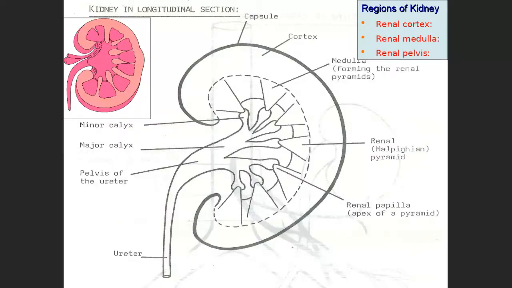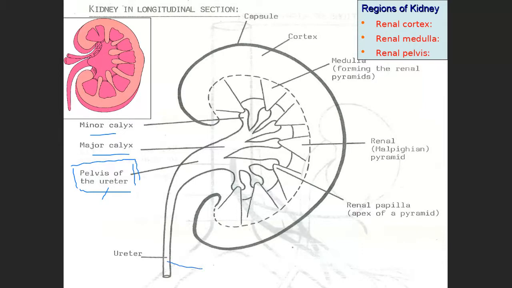Next, this is the same structure you are seeing, the inner parts of the kidney. Major calyx, minor calyx, and this is the pelvis of the ureter. Sometimes they will tell pelvis of the ureter, or it is also called renal pelvis. Both are the same.